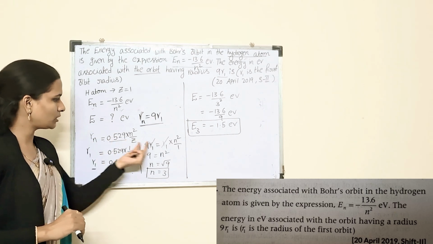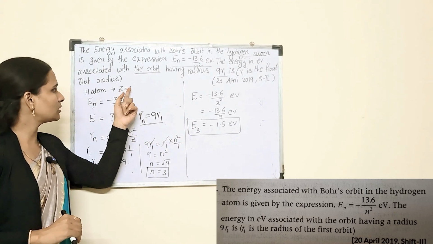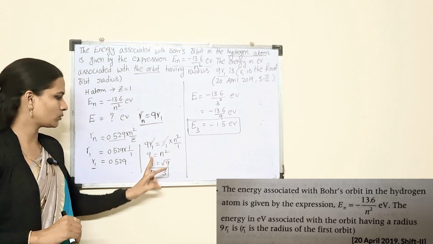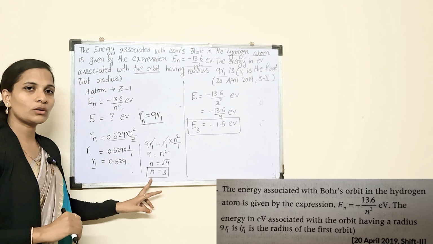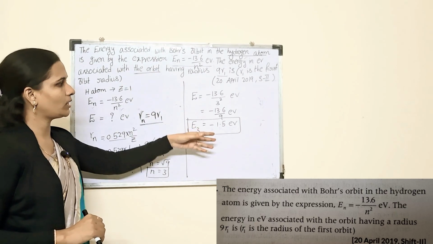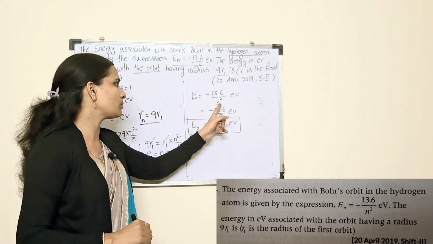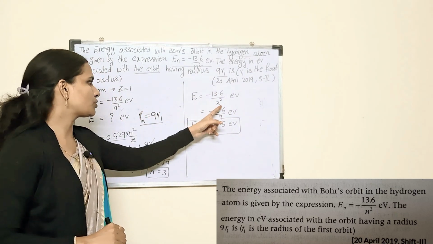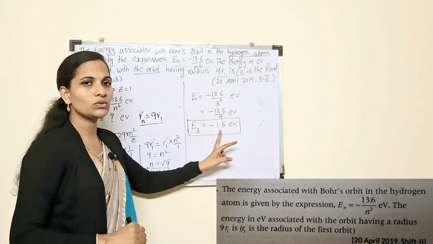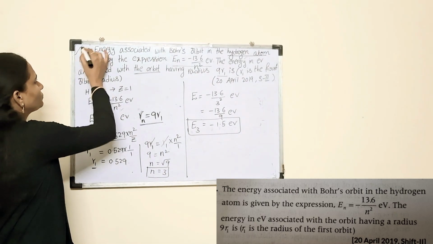Substituting r1 into n square by z, with z equal to 1 for hydrogen, r1 cancels, then 9 equals n square, so n equals 3, the third orbit. Then the energy formula minus 13.6 by n square with n equal to 3 gives minus 13.6 by 9 electron volts, that is minus 1.5 electron volts. So this is the question and answer.